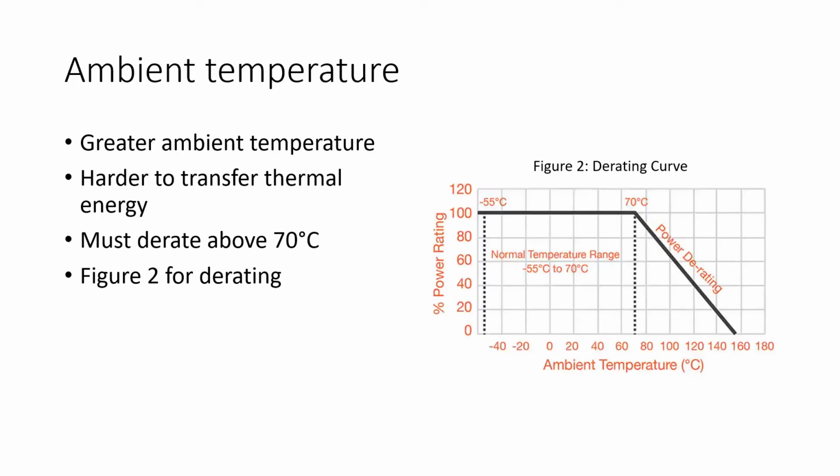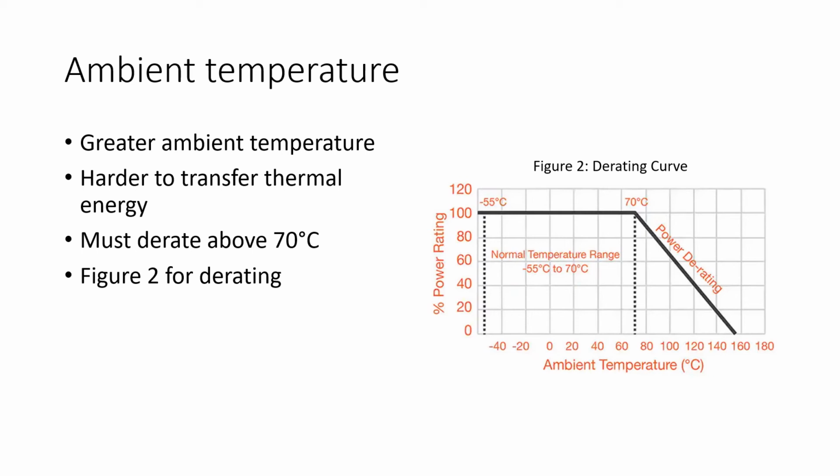Now, ambient temperature also plays a role. The greater the ambient temperature, the harder it is to transfer this thermal energy to the surrounding air molecules. So at temperatures above 70 degrees Celsius, we must derate the resistor.